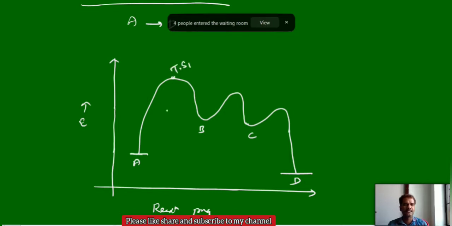We can call it transition state 1 or activated complex 1, this is transition state 2, and this is transition state 3. First, A gives B, the first intermediate, and B again produces another intermediate C, the second intermediate, and finally it produces the product.